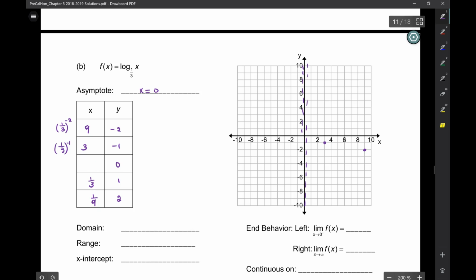When x is 1, y is 0, sorry. When x is 1/3, we're at, what did I do here? Sorry. I'm trying to rush because I'm running out of time. 1/9, we're at 2. Okay? There we go.